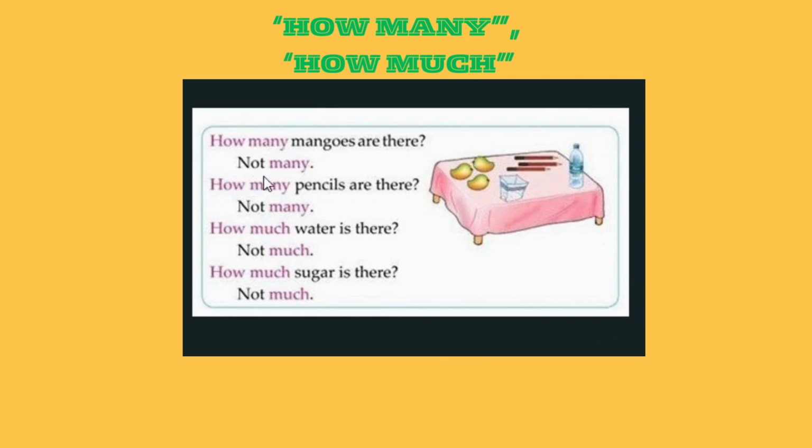Many means a large number of something. It can be people or things. That is why the answer is not many. How many pencils are there? Not many. How much water is there? Not much. How much sugar is there? Not much.